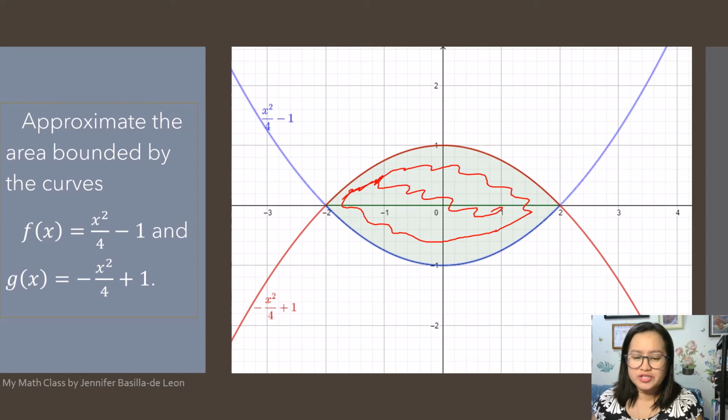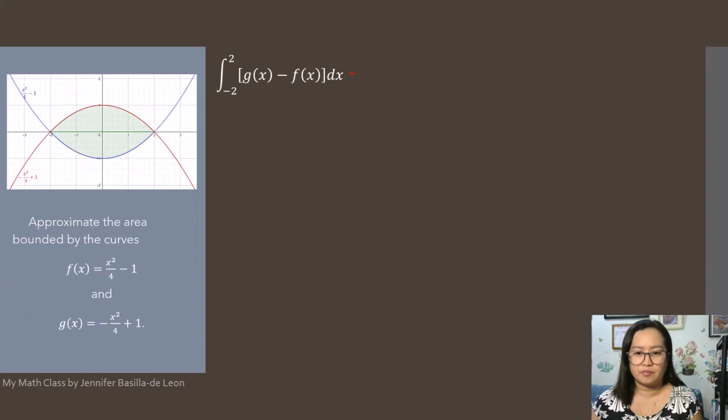Now, first we have to determine the closed interval at which the curves are being considered. We replace the name of the given functions by the actual expression.